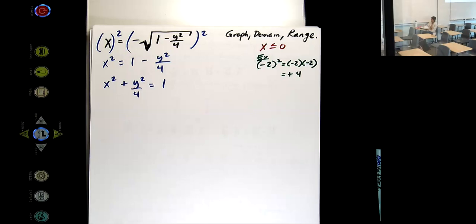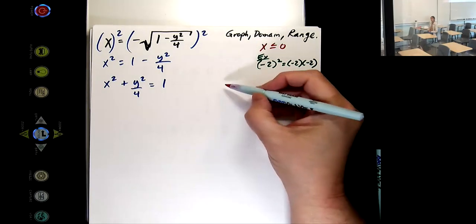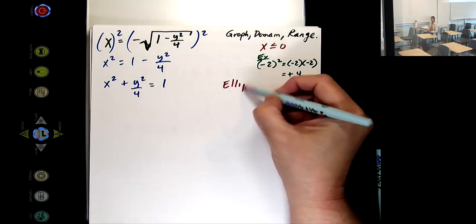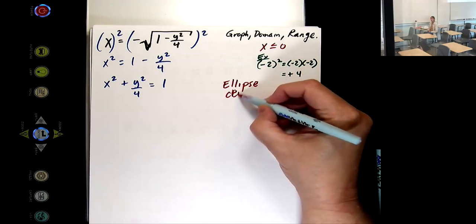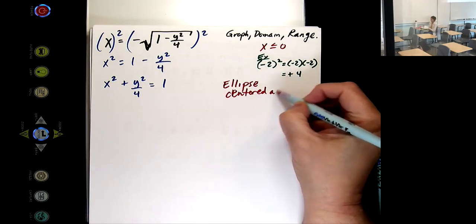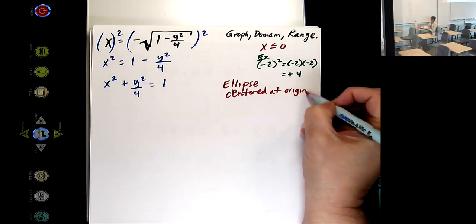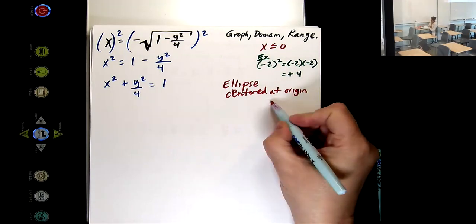Okay, so it kind of looks like a circle because we've got x squared plus y squared equals 1, but the y squared is over 4, which tells me this is an ellipse because I don't have a 4 on the bottom of x squared. It's centered at the origin. What is A and B here?